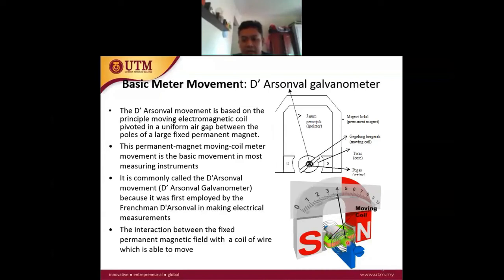This casing is suspended on the support, the blue support.